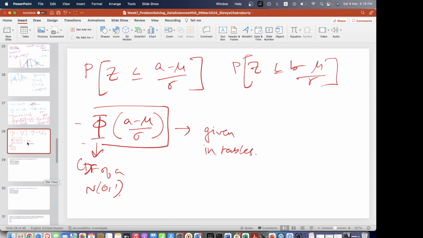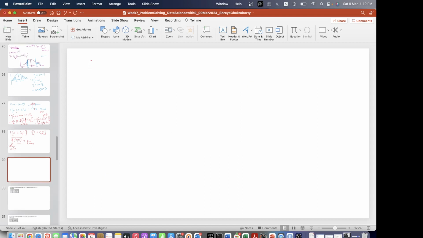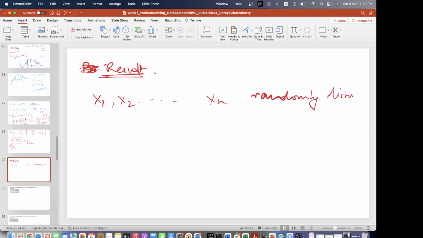Okay. And also another important result we learnt is that this is a property, or rather this is a result. If we have, let's say, x1, x2 up to xn randomly distributed normal random variables, and they are independent.